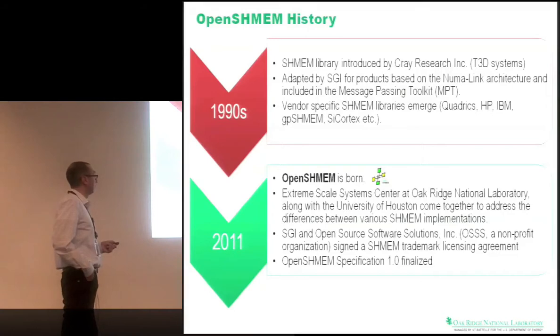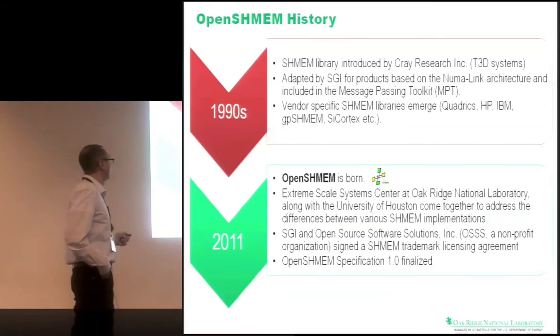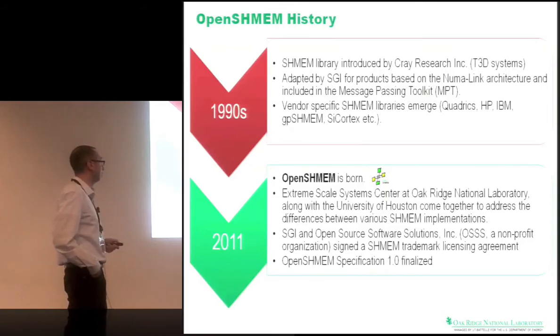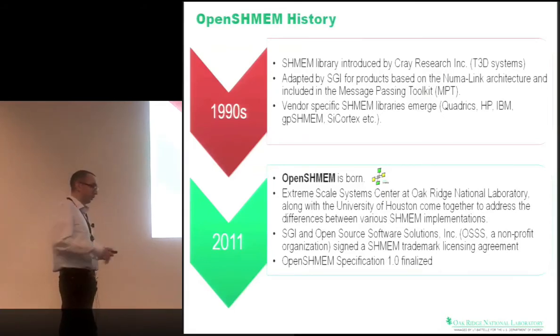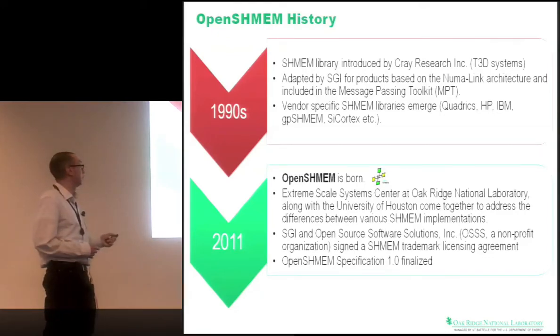The reason is that we have some legal commitments to make sure that we don't have any issues with SGI. But after the 1.0 point, we have the freedom to change the specification in the way we want.